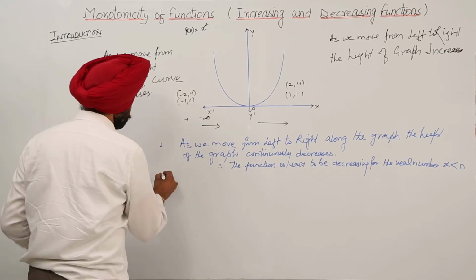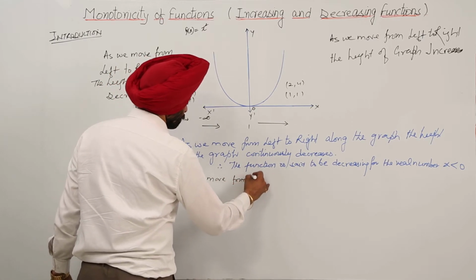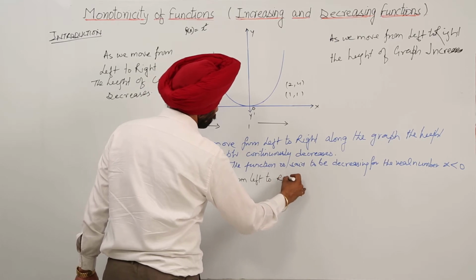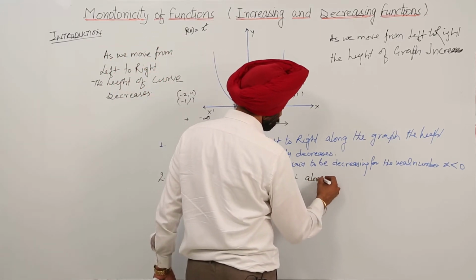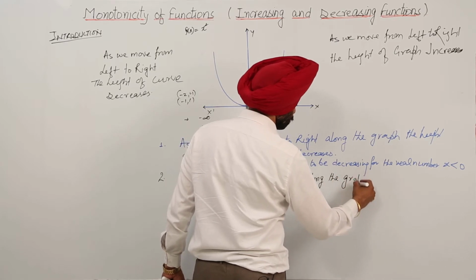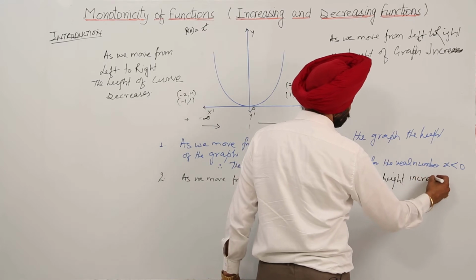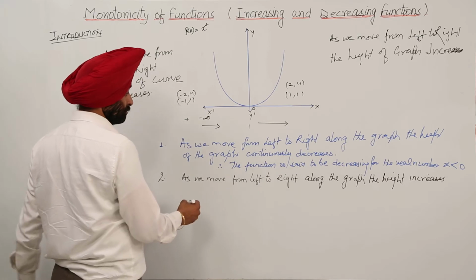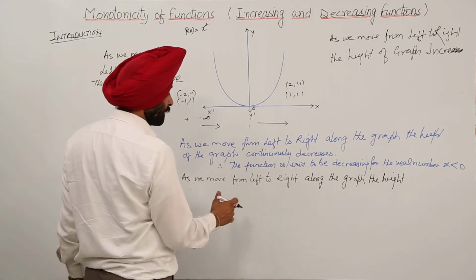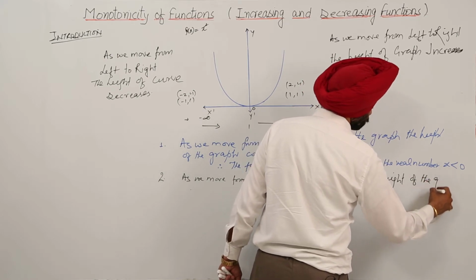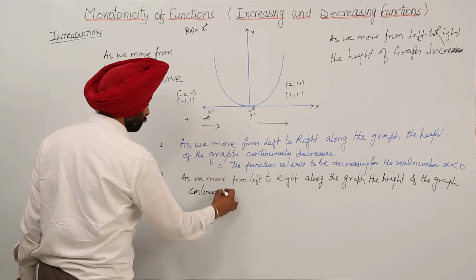Now number 2: as we move from left to right along the graph, the height of the graph continuously increases.